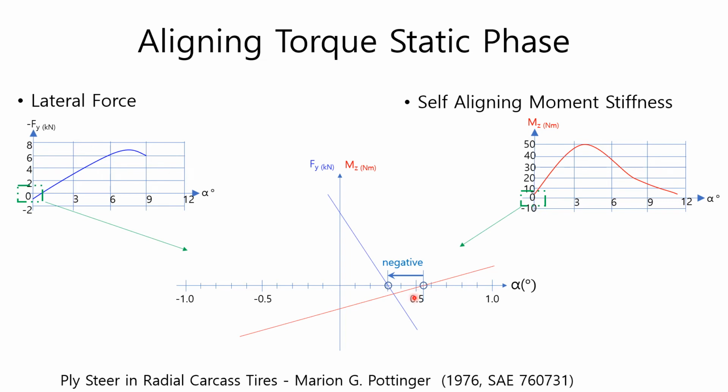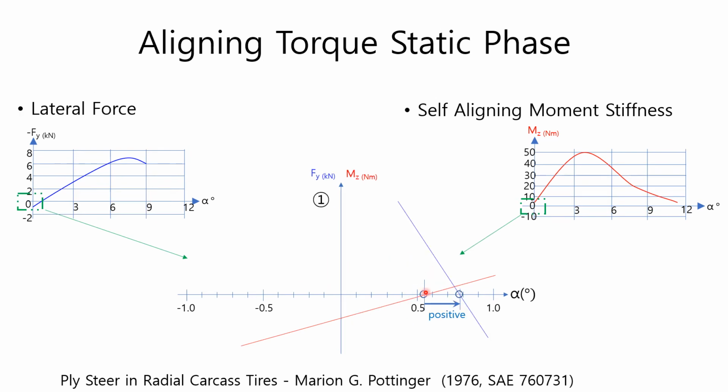If the aligning torque crosses the side slip angle axis at a higher slip angle than the lateral force, the aligning torque static phase is negative. If it crosses at a lower side slip angle than the lateral force, the aligning torque static phase is positive.